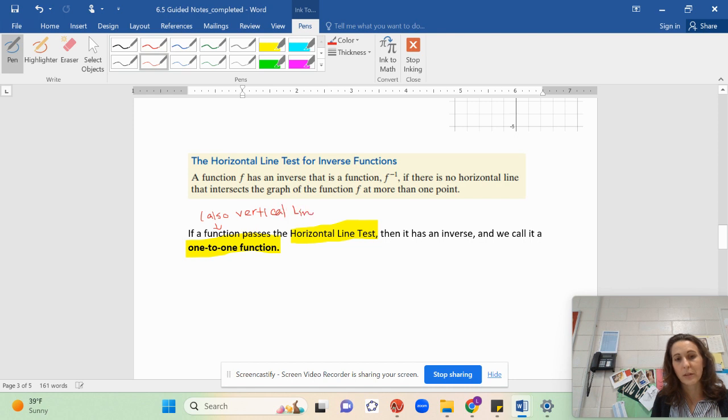So if a function passes the vertical and a horizontal line test, then we say that's a one-to-one function. That means each input has one output, but also each output has one input. So it works both ways. Where in the past, for a function, we just said each input has exactly one output. But now it also works the other way to be one-to-one.